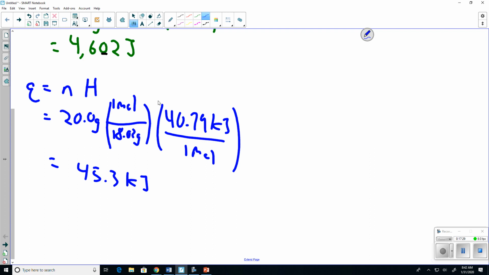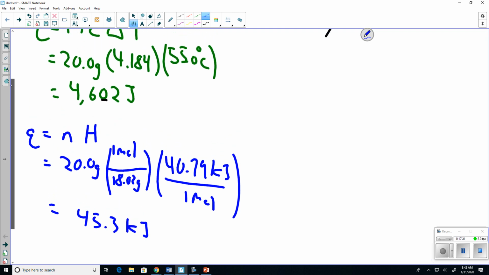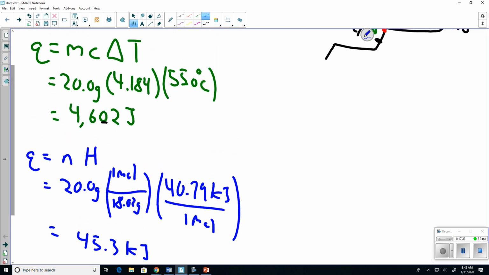So once again, what I'm doing is I first calculated how much energy, that's in green, it took to heat up my water that was liquid to 100 degrees Celsius: Q equals mc delta T. Step 2, how much energy is now needed to break the hydrogen bonding, the intermolecular force: moles times heat of vaporization.